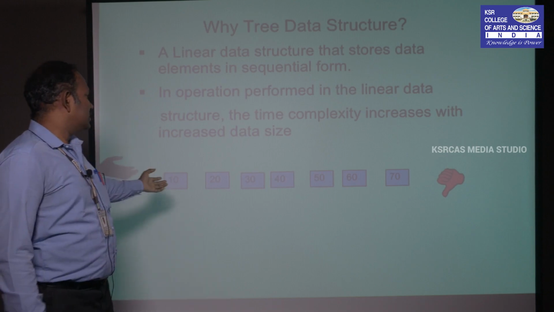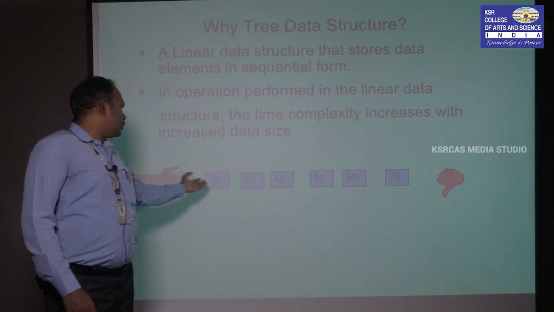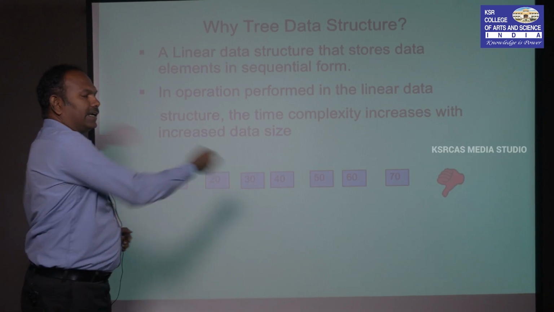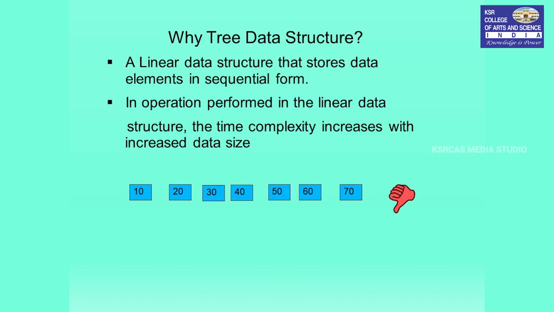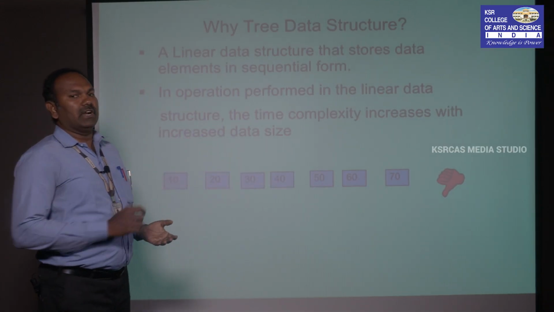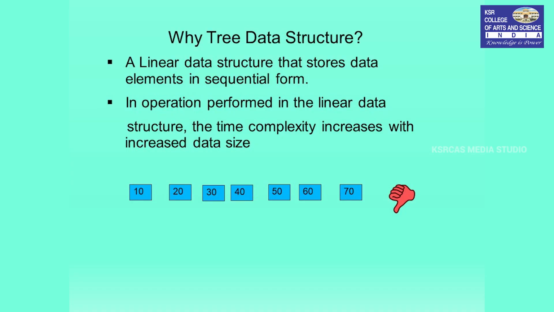You can see in the figure: in computer memory we can store data like 10, 20, 30, 40, 50, 60, 70. To reach 70 we have to go through 10, 20 and so on in sequential manner, which is very difficult. That means time complexity. So in this case, we go for the tree data structure.